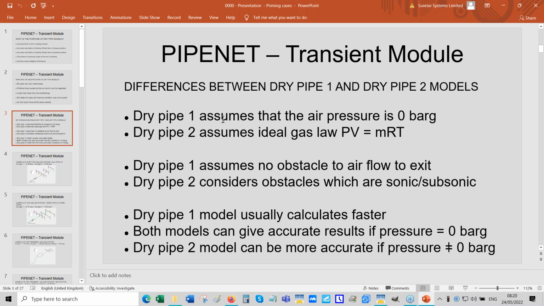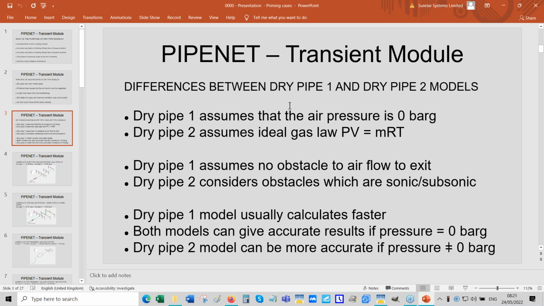First of all, dry pipe 1 assumes that the air pressure is 0. This is substantially true because the air in a deluge system, for example, remains approximately at 0 bar gauge until the last nozzle begins to deliver water. And we can compare the two options.